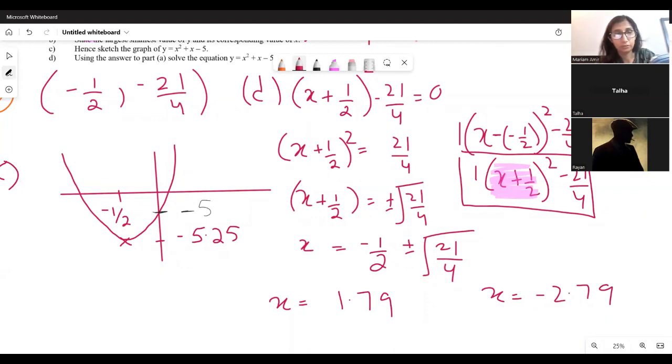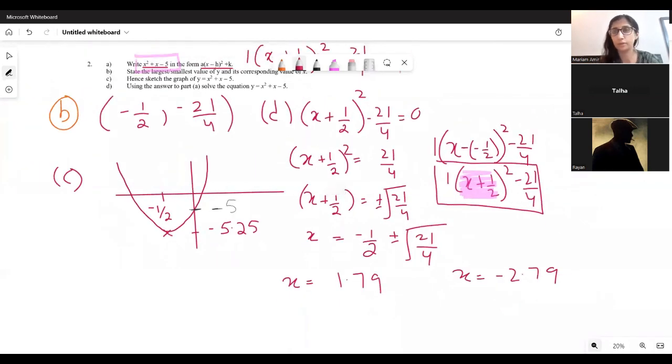And when I change it to negative, outside the square root sign, I get minus 2.79. So you're getting the two answers, but we did not solve the quadratic equation using factorization or the quadratic formula. We solved it using the completed square form, as was the requirement of the question.